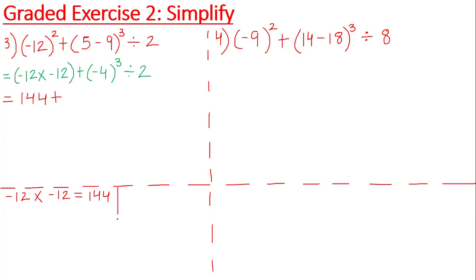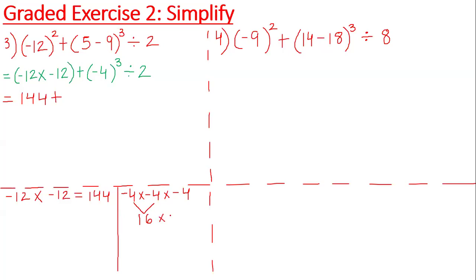Okay. Next, we have negative 4 cubed. What is that? That's going to be negative 4 times negative 4 times negative 4. Negative 4 times negative 4 is what? 16, positive 16. Times what?